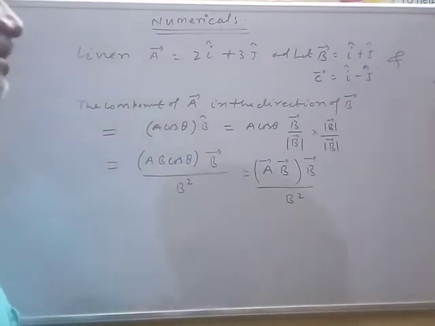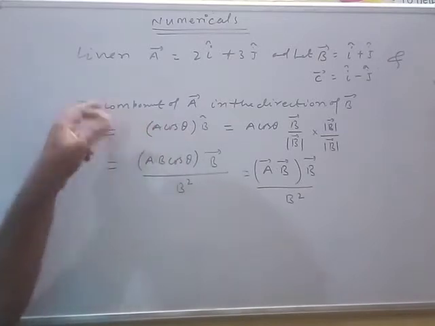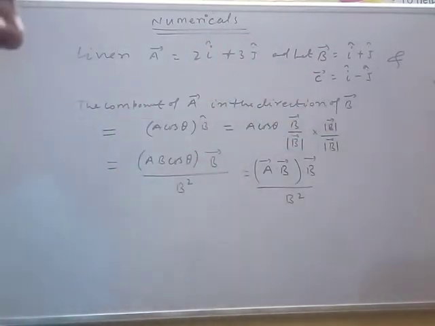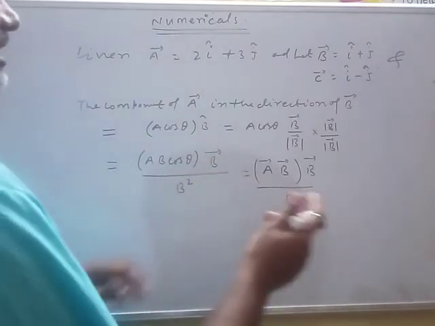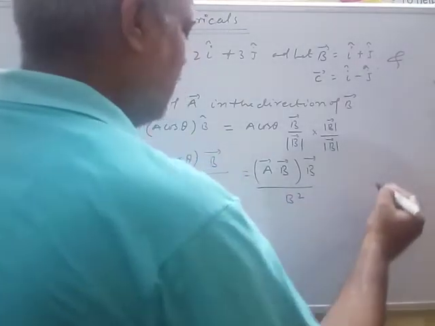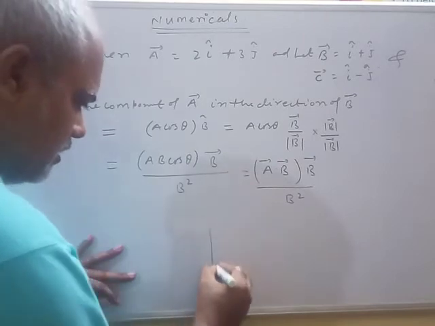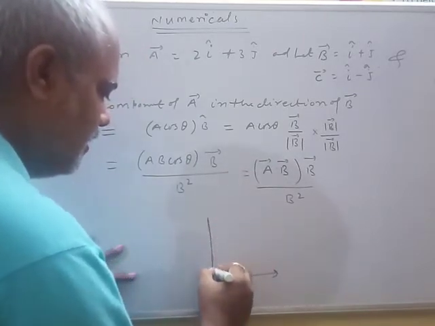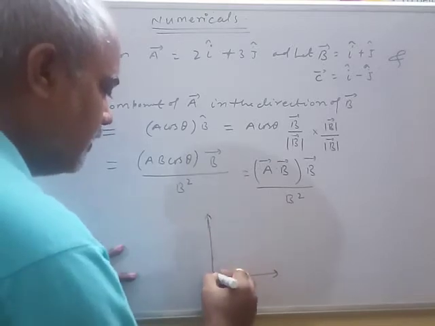The next portion of this question is, here we want to find the component of vector A in the direction of vector B. The component of A in the direction of B is understood in the manner we already learned about resolution of vectors.